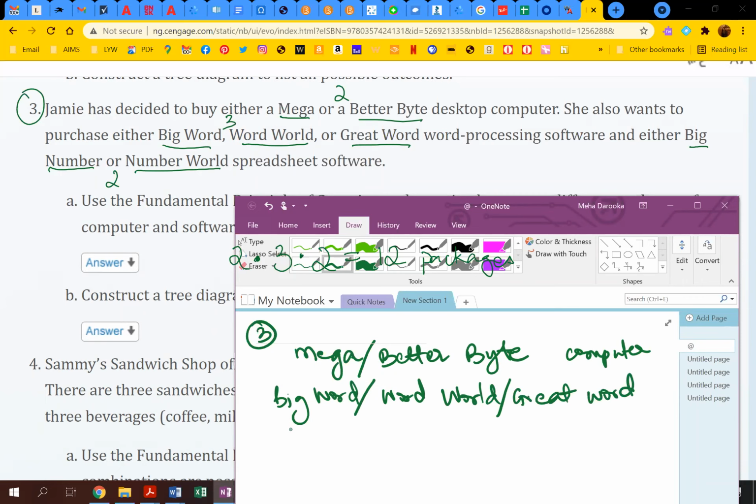And then we've got Big Number or Number World as your spreadsheet software.